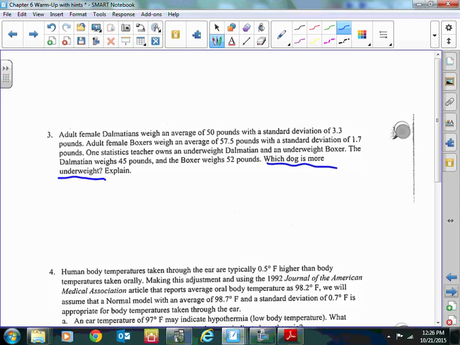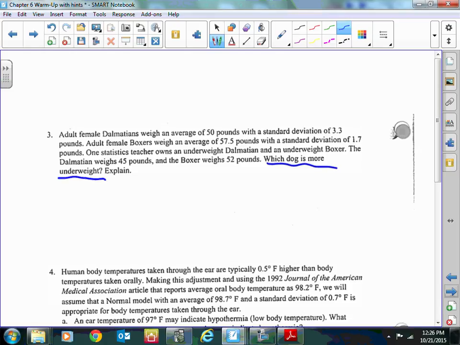So how can I compare Dalmatians to boxers if they're two totally different breeds? Standard deviation says it. How can I compare two different things? Standardize it by making them z-scores.